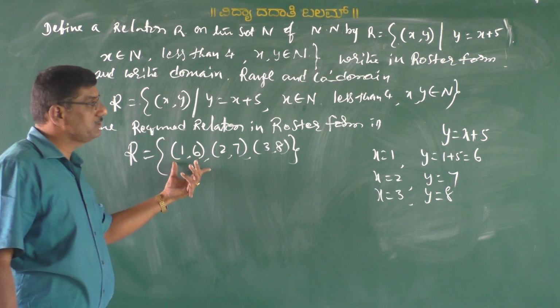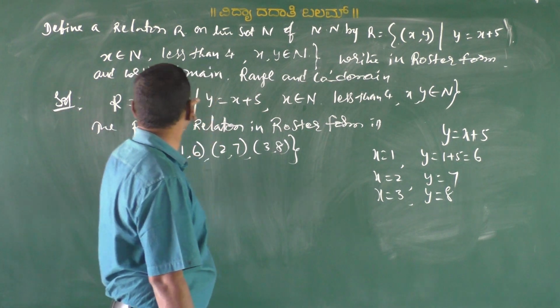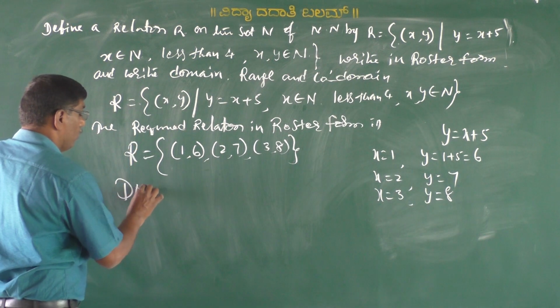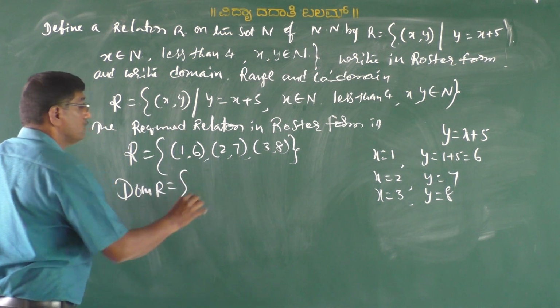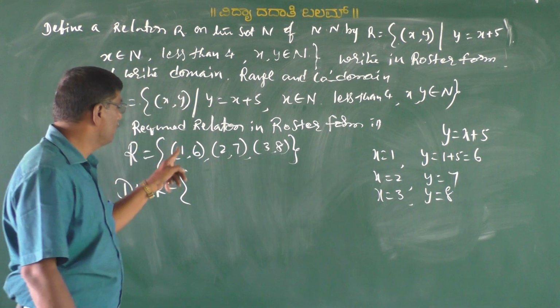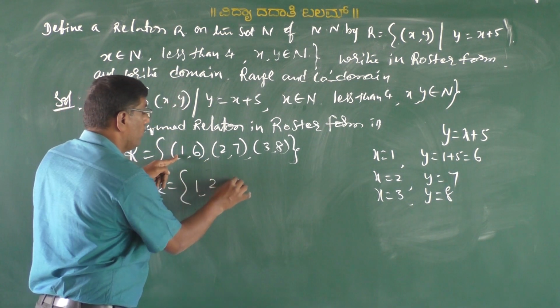Yes, now from this we can write the domain. We know the domain of R is the set of all first elements of the ordered pairs, that is {1, 2, 3}.